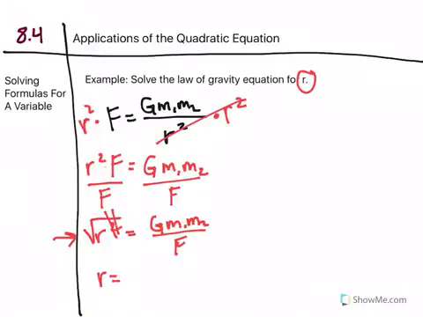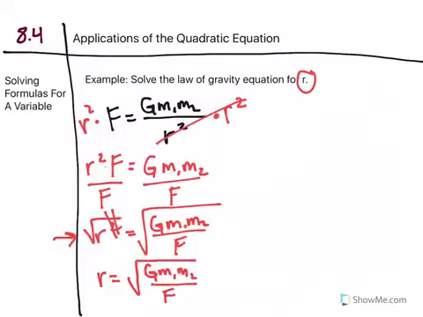However, on the right-hand side, we now have to take the square root as well, because if we take the square root of the left side, we must take the square root of the right side. Just basic algebra rules. So that means that our final answer is the square root of g m1 m2 over f is equal to r. So that would be your final answer.